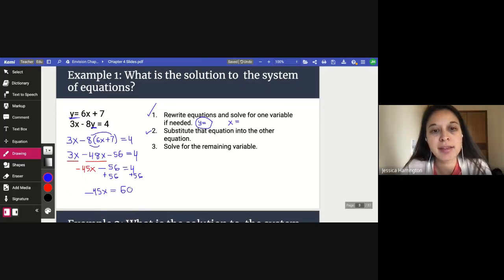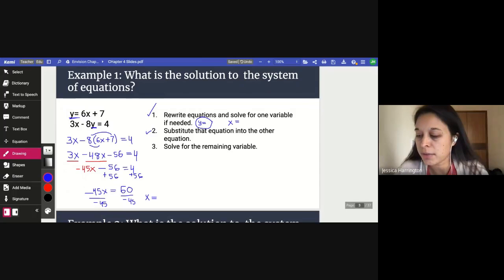Okay, so my last step to get x by itself is to divide by negative 45. So I get x equals negative 60 divided by 45. I think, if I can divide both by 5, yeah. What's 60 divided by 5?